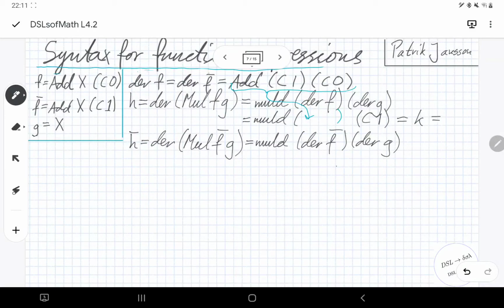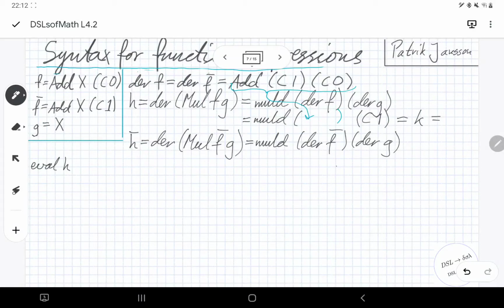So now we will go towards the impossible part of the contradiction. The only remaining information we have is the specification. The specification used eval. So we have to form an expression of eval, and we can do it in two different ways. We can write eval of h, and we can write eval of h bar.